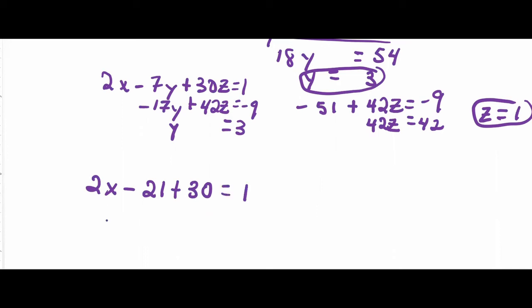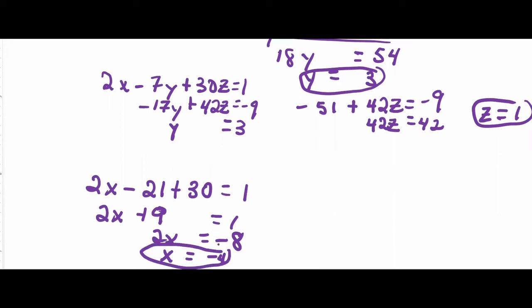So 2x plus 9 equals 1. Subtract the 9 from both sides. 2x equals -8. And dividing both sides by 2, we've got that x is equal to -4. As an ordered triple, that's -4, comma 3, comma 1.